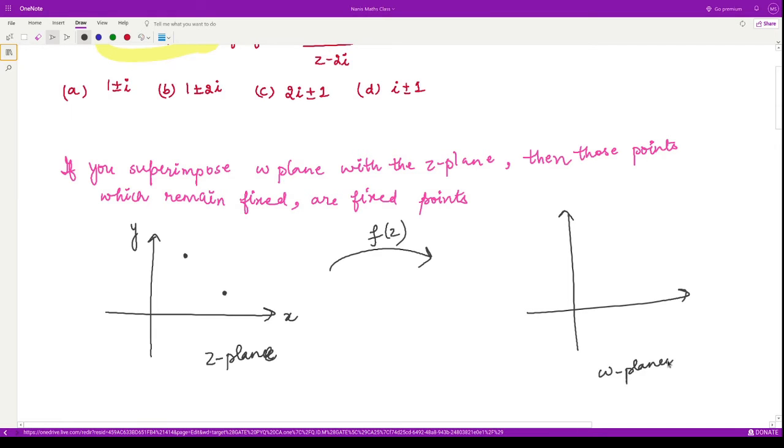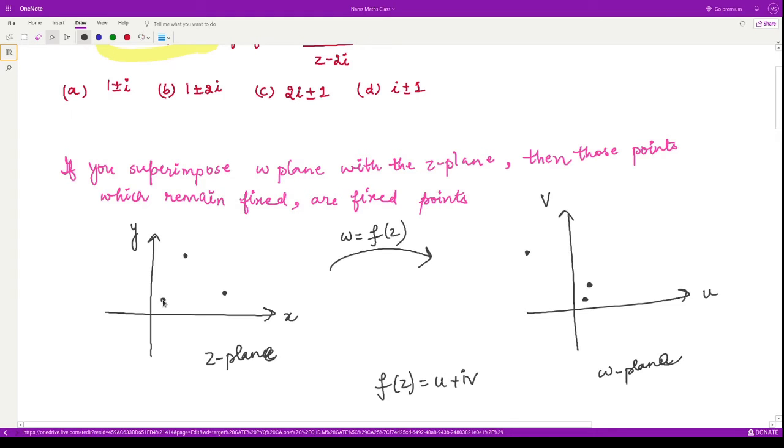We have this function w is equal to f of z, where this is u and this is v, so if you write f of z to be u plus iota v, then you have something like this. Suppose this point after transformation moves here and the other point moves here. And suppose we have a third point over here.